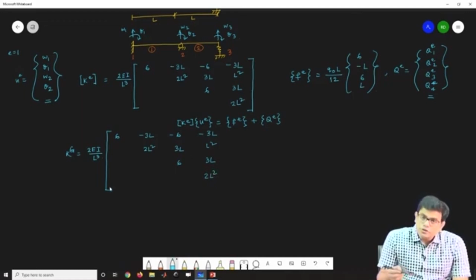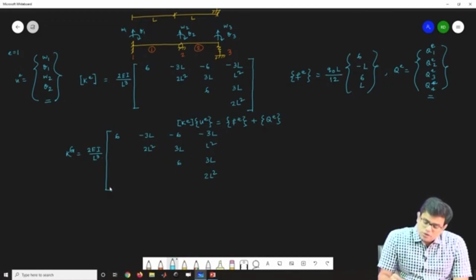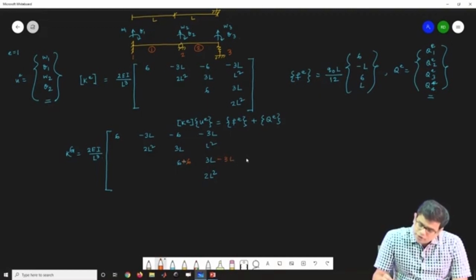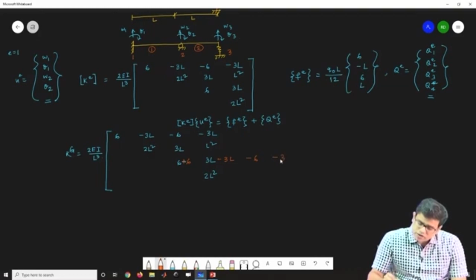Then we'll have the contribution from the second element. So second element contribution I can also write like this, plus 6, then this will be minus 3L, then you will have minus 6, then minus 3L, then this is symmetric obviously.